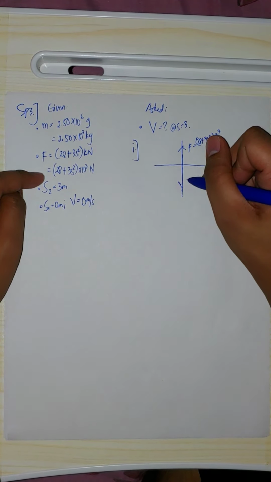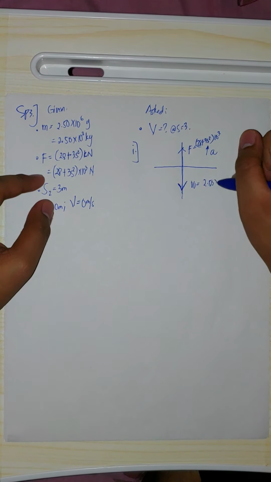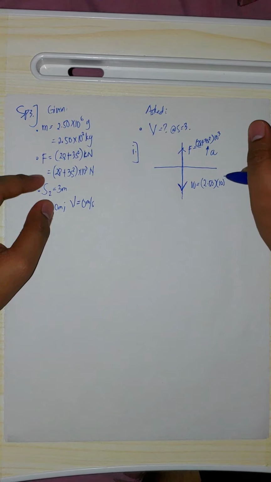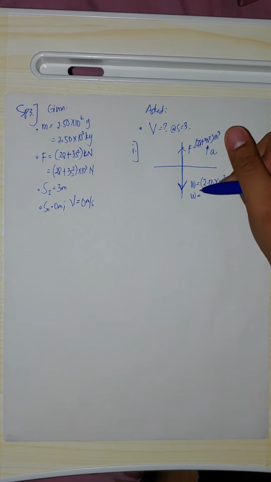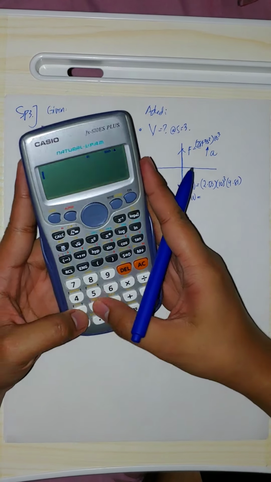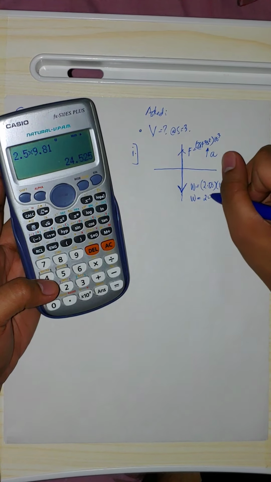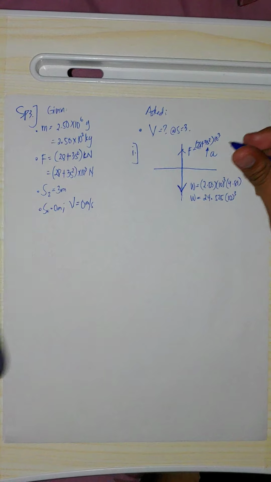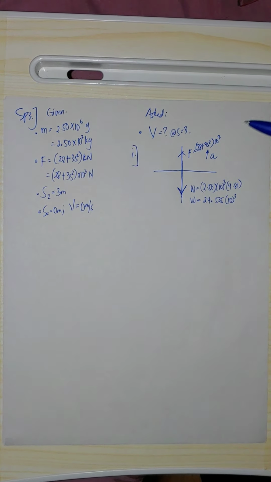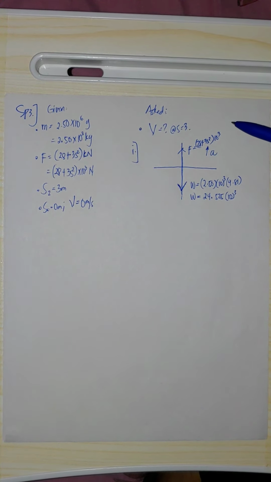And then we have the weight, which is equal to 2.5 times 10 cubed kilograms times 9.81. So that is equal to 2.5 times 9.81, which is 24.525 times 10 cubed newtons. And then we have a force or acceleration upward. So what will we do next?